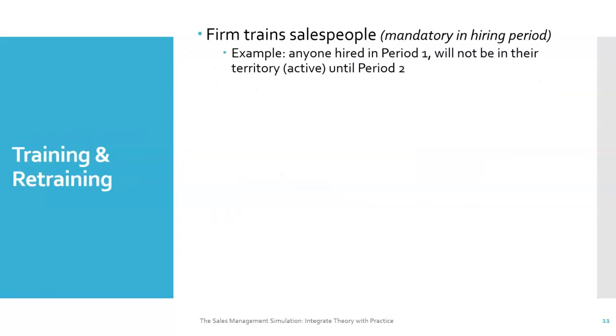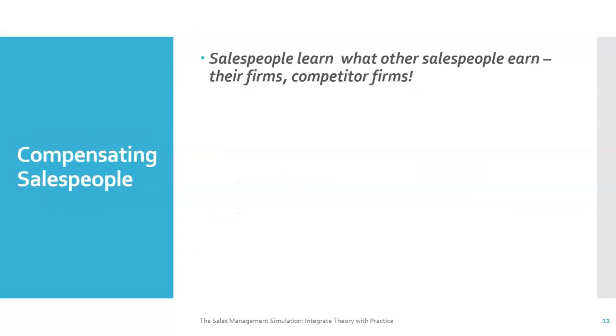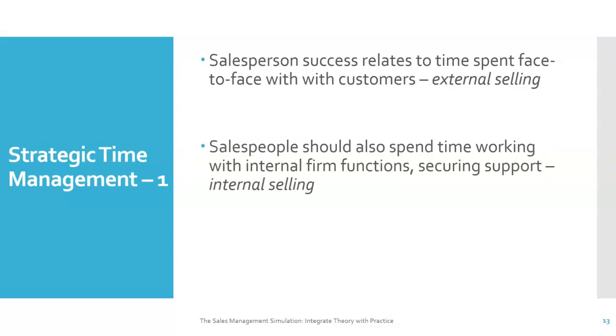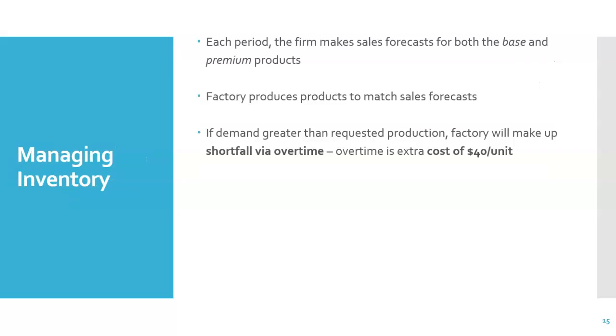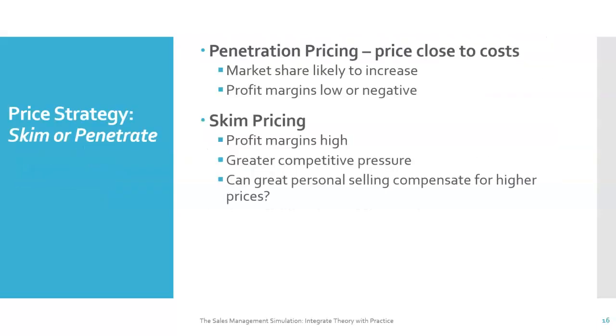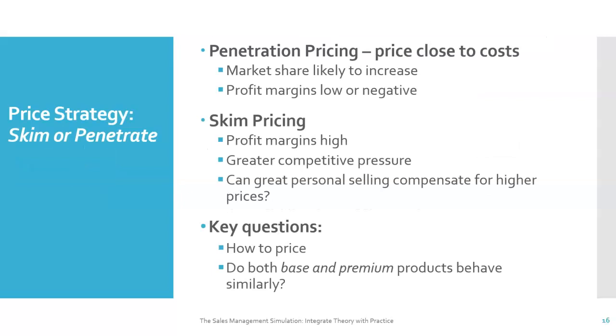So not only do I need to decide if I'm going to focus more on one product than the other, or am I going to focus on them equally? I've got to decide how I'm going to price those. And that should be a function of what your overall strategy is. And do both products behave similarly when they're priced as a premium or as penetration?